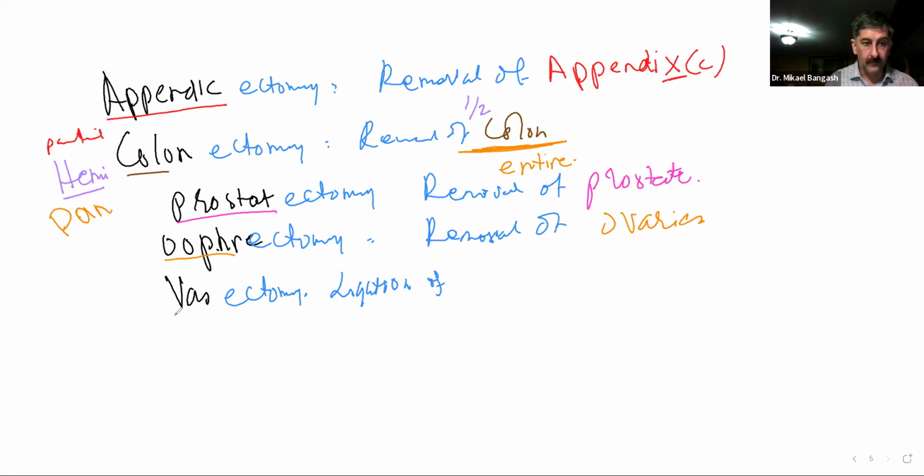The word vas. Now, generally speaking, the word vas means vessel. Does anybody know what a vessel is? Like a blood vessel, something that holds something.